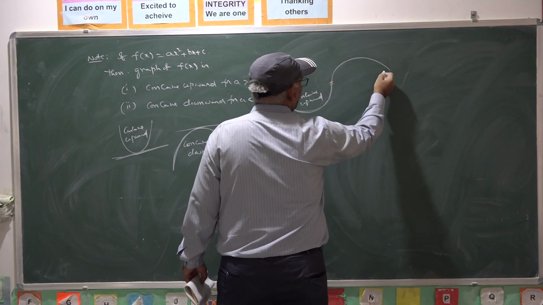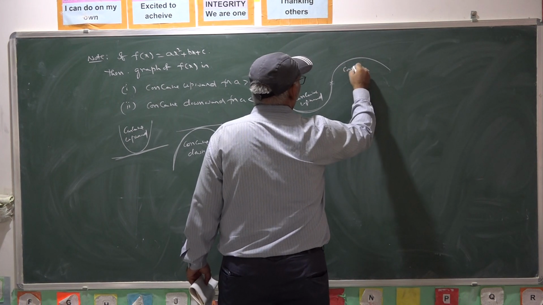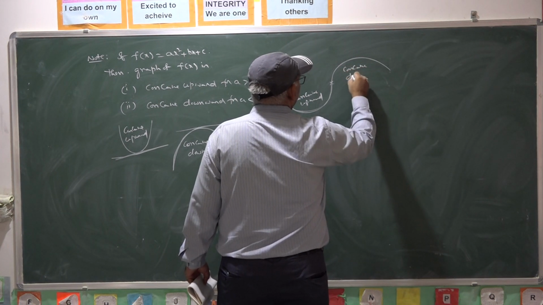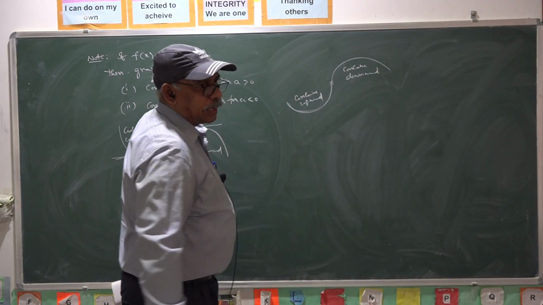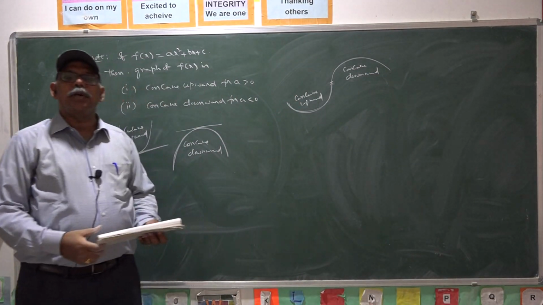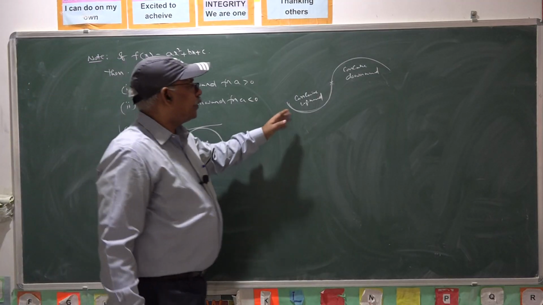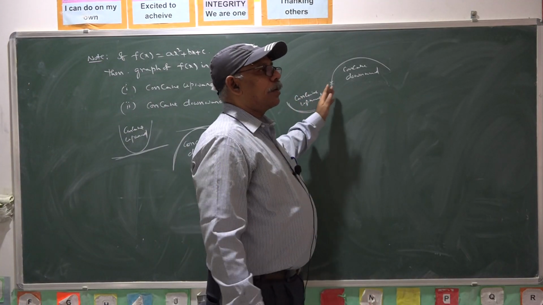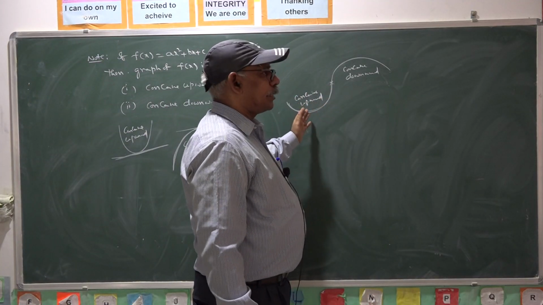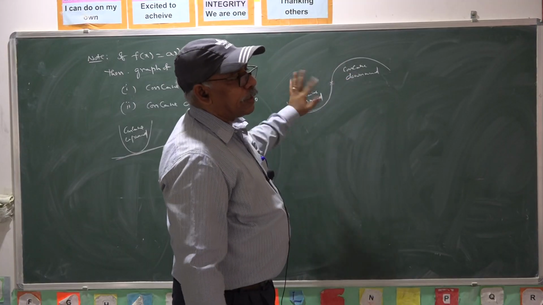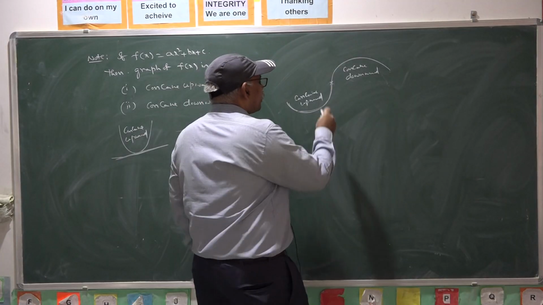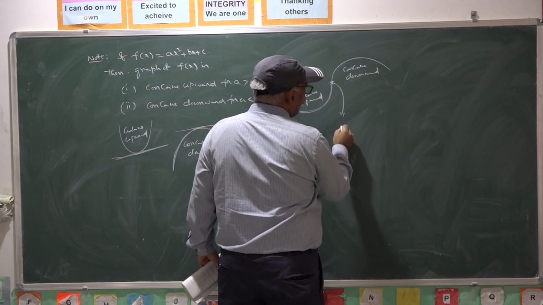From this point, it takes concave downward. So, at a particular point, the curve is continuous, but it changes its nature from concave upward to concave downward or vice versa. Then that particular point is known as the inflection point.